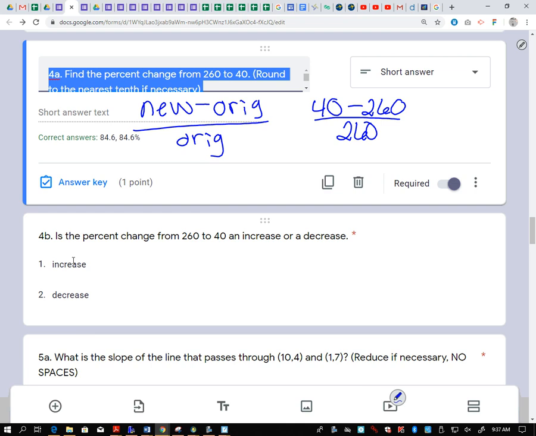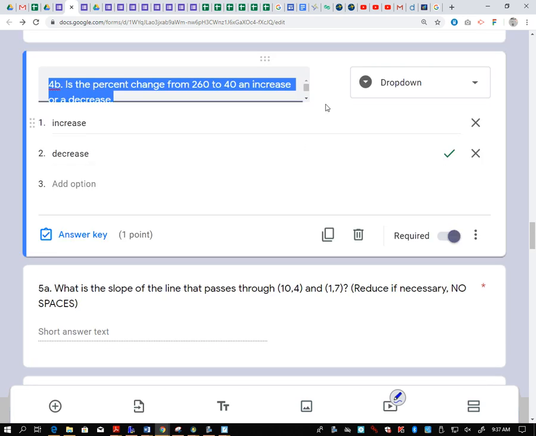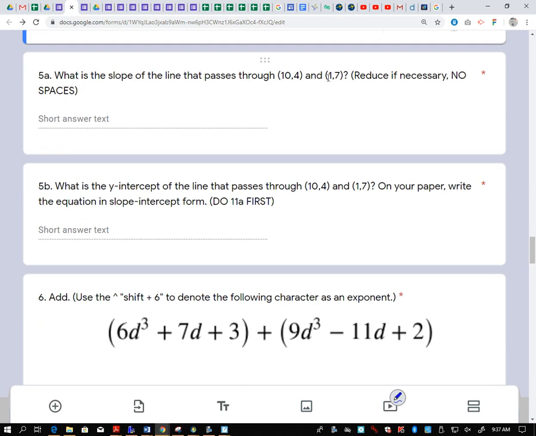Okay. Now, do we get 84.6, or let's see, we got 40 minus 260 divided by 260. Yeah, I'm getting that negative 84.6, but I'm not putting that negative in this part of the question. Does that make sense? Okay, and of course we see decrease as my answer here.